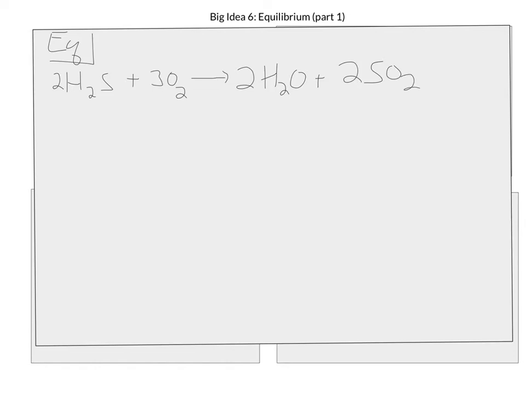So we have this balanced equation here, and it is not going to go to completion. So we're going to get an equilibrium constant K, which tells us the ratio of products to reactants and how far right or left the reaction actually goes, which products or reactants are favored. So if we start out and we had a problem and said, okay, maybe I have 1 mole of each reactant.